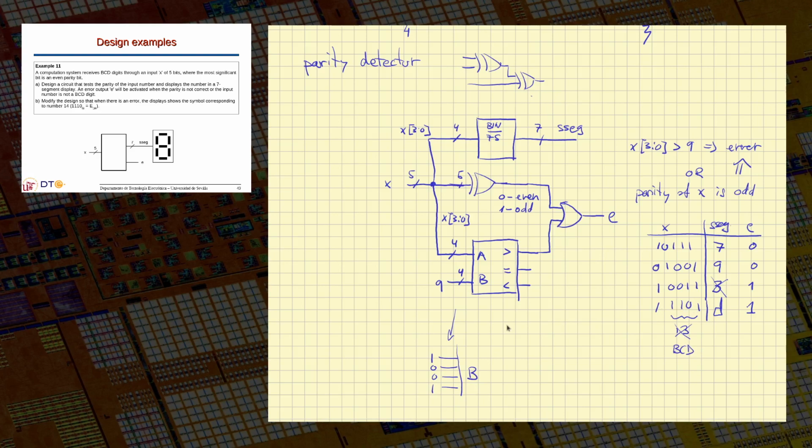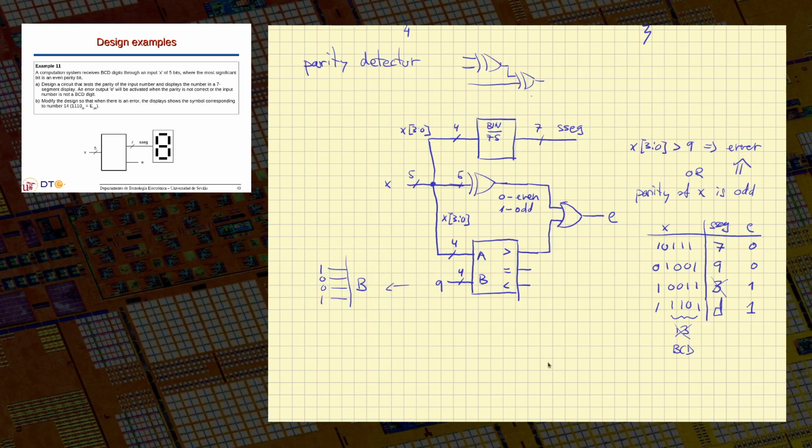Now, part B says that it will be very nice that in case of an error, I have it easily represented in my 7-segment display.